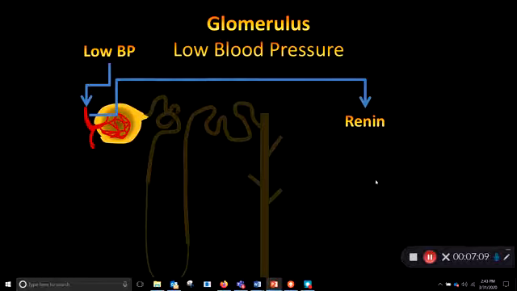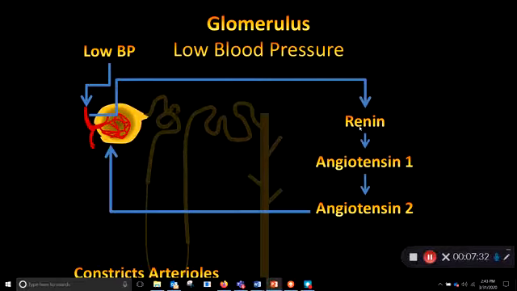Now, let's talk about the different things that affect that filtration rate, those hormones that have a role in it. So for instance, at the glomerulus, the blood capillaries sense low blood pressure. What will happen? The cells around these arterioles will release renin, a hormone. That renin will go out and activate angiotensin 1.